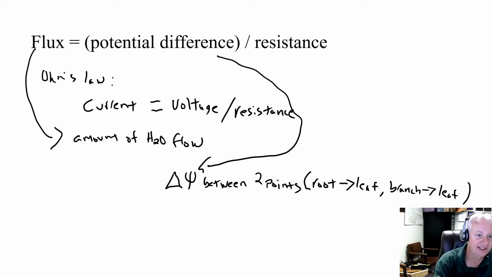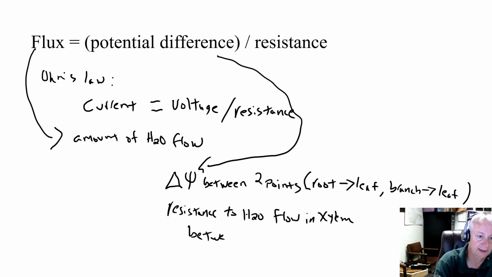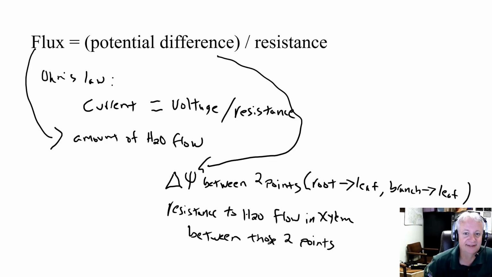And then resistance is just what it says. It's the resistance to water flow in the xylem between those 2 points. Okay, so it allows us to analyze movement of water in plants.